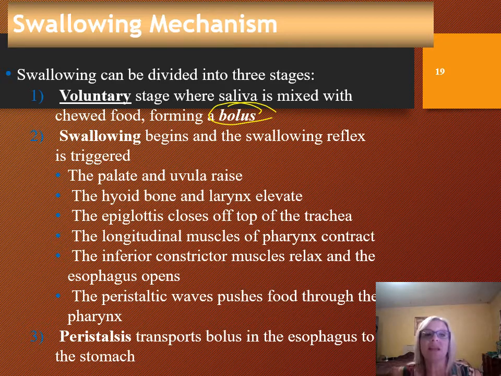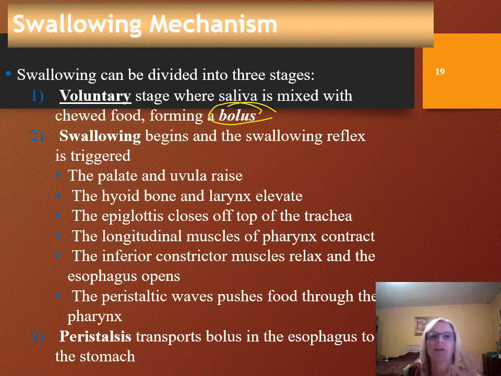And so the second stage of swallowing begins as food reaches the oropharynx and stimulates sensory receptors around the pharyngeal opening. This triggers the swallowing reflex. All right. This includes the following actions. The soft palate, including the uvula, is going to raise. That prevents food from entering the nasal cavity. We already talked about how bad that is, right? The hyoid bone and the larynx are then elevated.